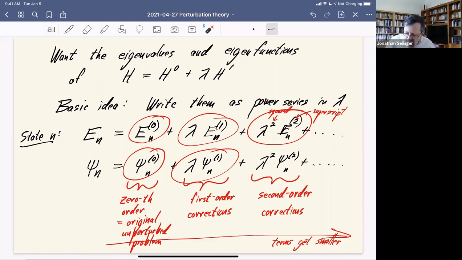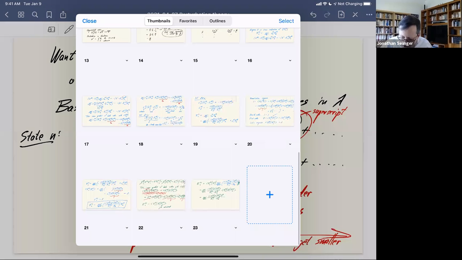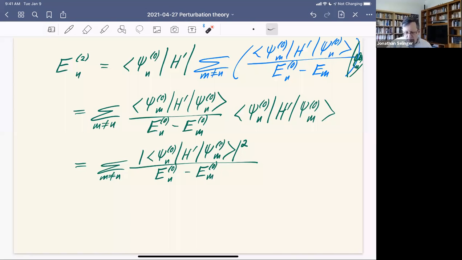Let me make a couple more remarks before I wrap up this subject. If we go back to our results, like this equation, for example, you can see that the denominator involves a difference of energies between different states, state number n and state number m. We have assumed here that those states have different energies.